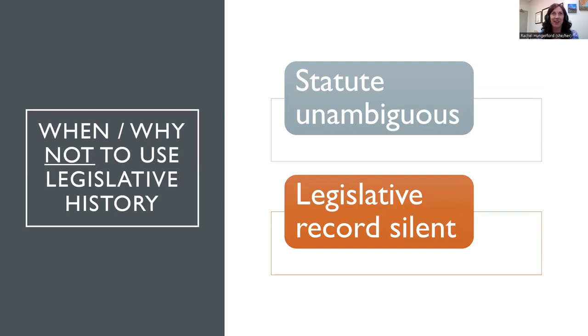If it's just not plausible that that statutory term or phrase could be interpreted one of multiple ways, stop there and save yourself the hours of diving through the legislative record. If the statutory term is really that unambiguous, you don't need to bolster your analysis at that point.